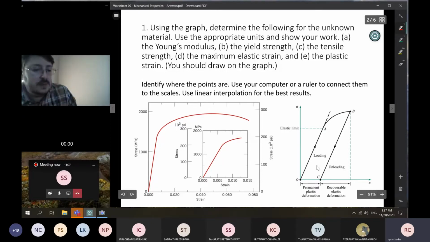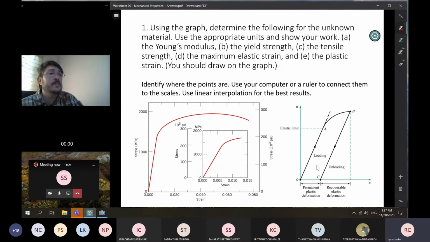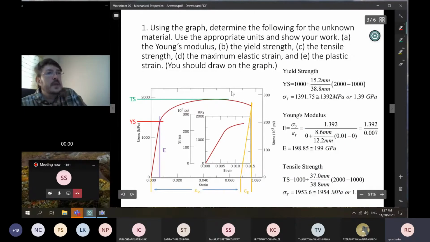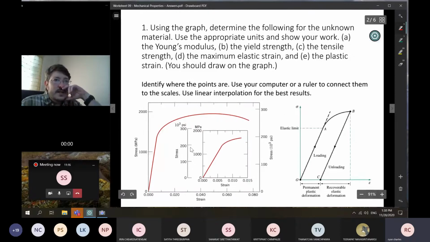It'll be a little different, depending on how much you deform it. So again, you can identify where these things are, and then you can print it out and use a ruler, or just do it on your computer like I would with these things now.